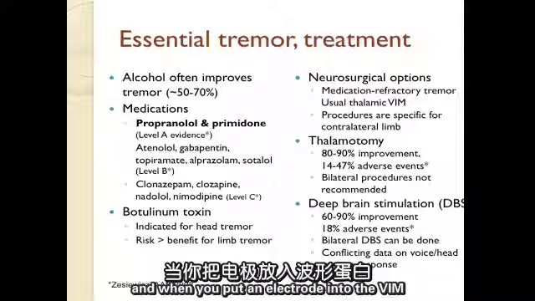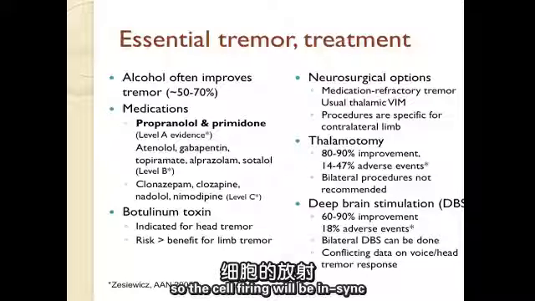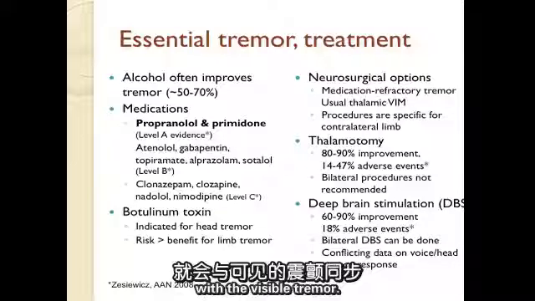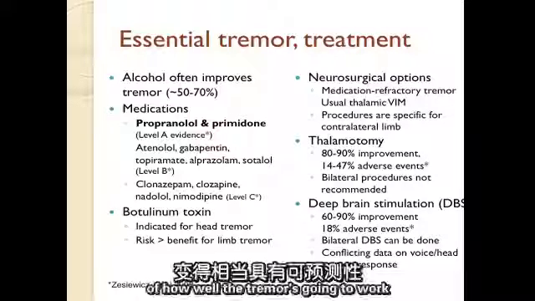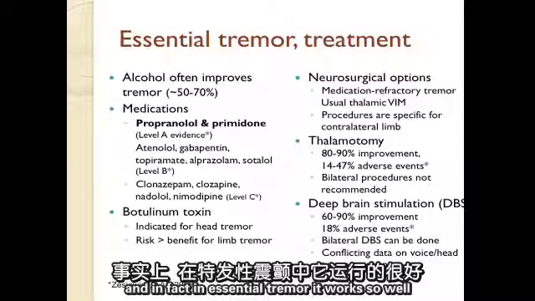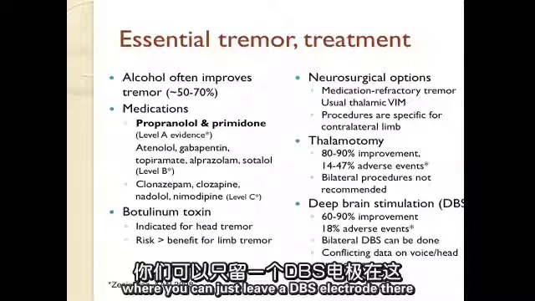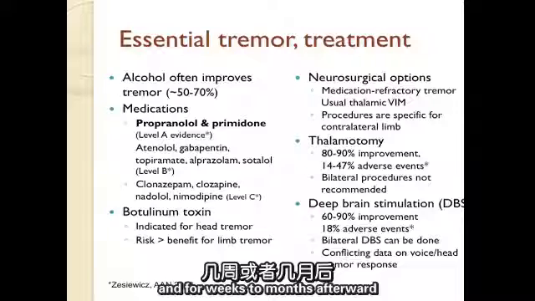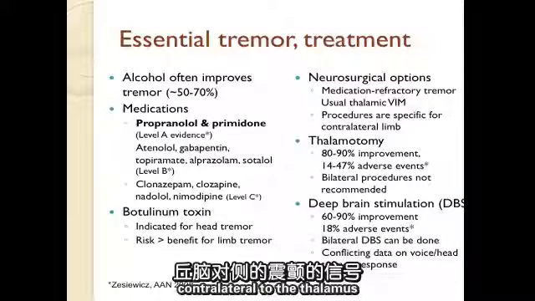When you put an electrode into the VIM, you can actually find tremor synchronous cells, so the cell firing will be in sync with the visible tremor. This tends to be fairly predictive of how well the tremor is going to respond. In fact, in essential tremor, it works so well you often have a micro-lesion effect, where you can just leave a DBS electrode there, and for weeks to months afterward, you don't even have to turn it on. You have a resolution of the tremor contralateral to the thalamus.